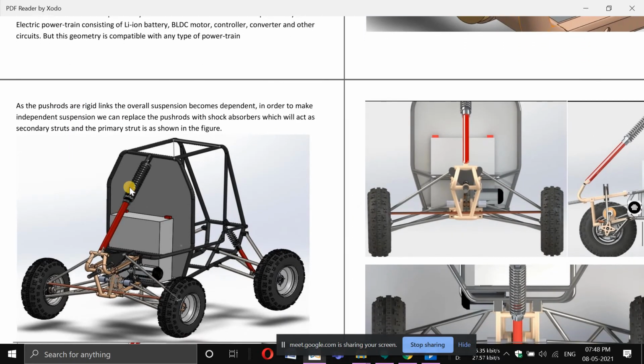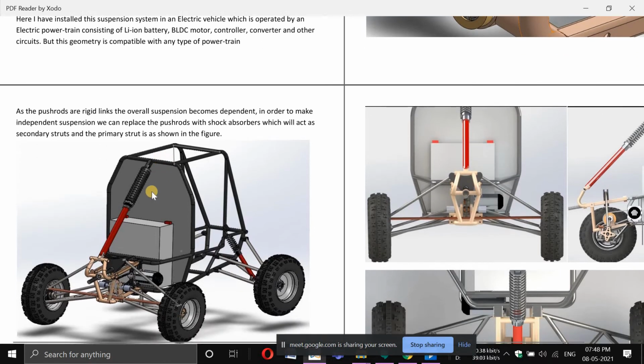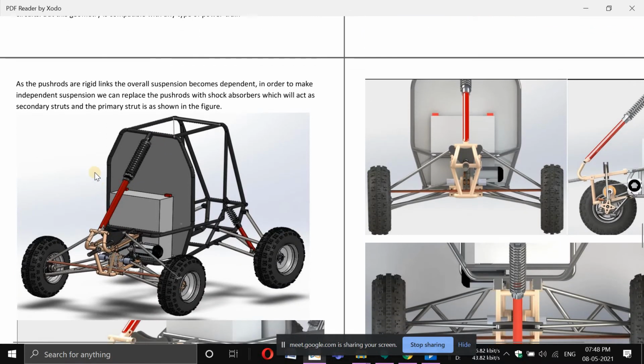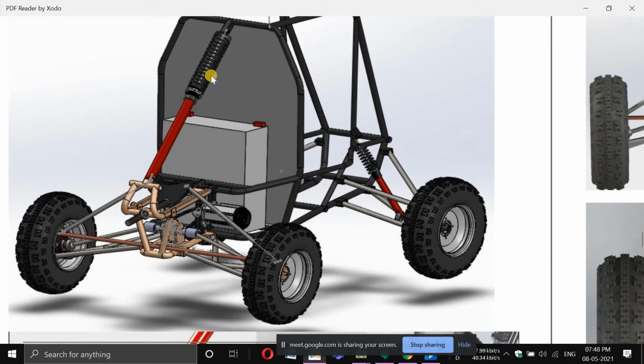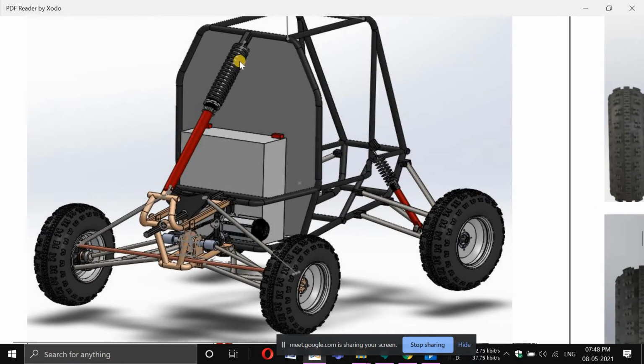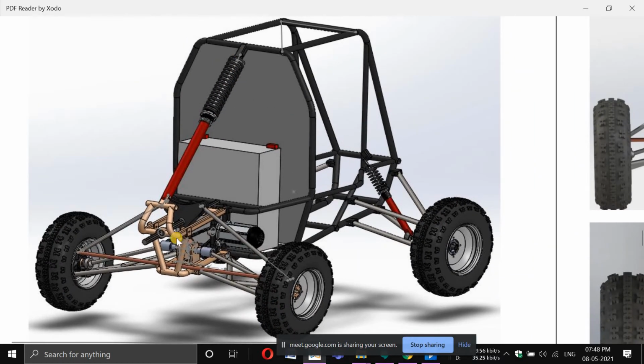So yes, sir, this is the final design, the main isometric view. This is the primary suspension, the primary strut, which is mounted on the upper trailing arm and connected to the chassis.